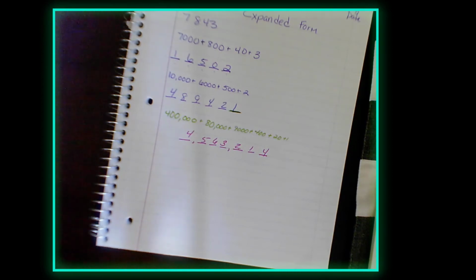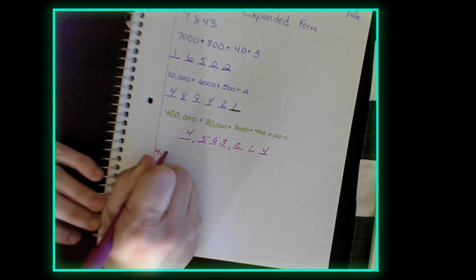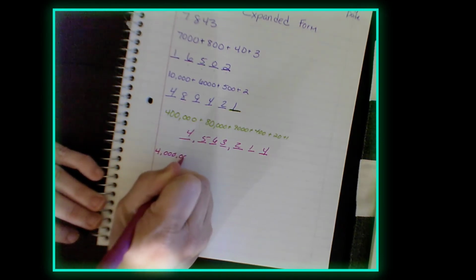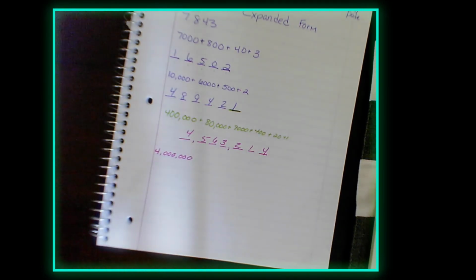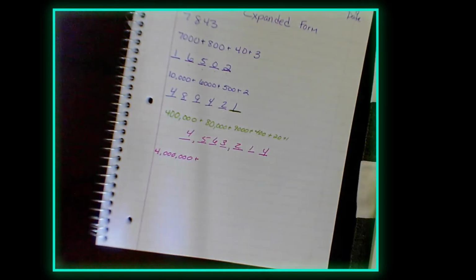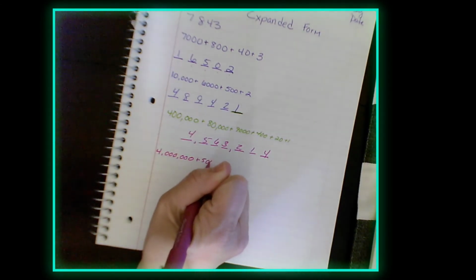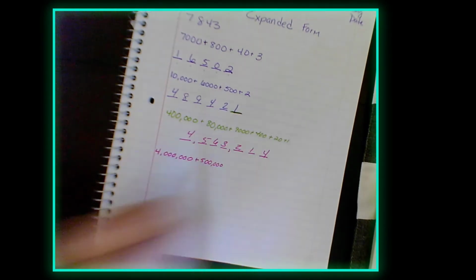So now let's look at 4,563,214. 4 million. Okay, so I need to write 4 with 6 zeros after that. Because again, the millions place is a 7-digit number. So 4 million is 7 digits. Then you do your little tiny plus. The 5 is in the 100,000s place. That means it's a 6-digit number. So 500,000.